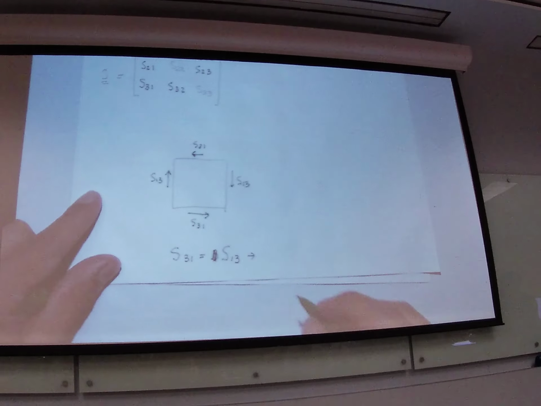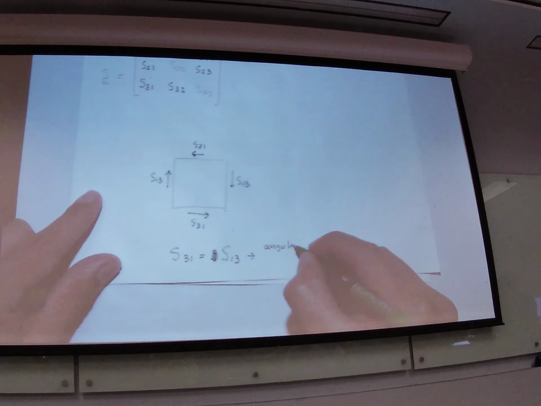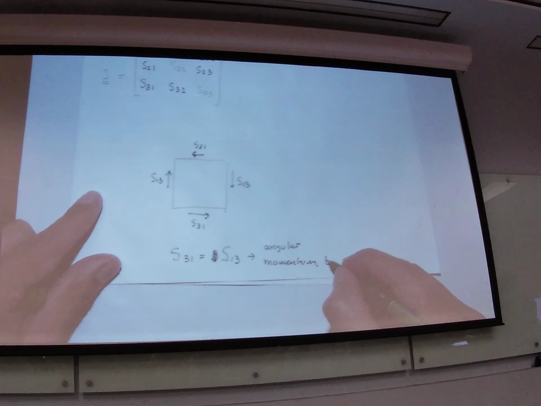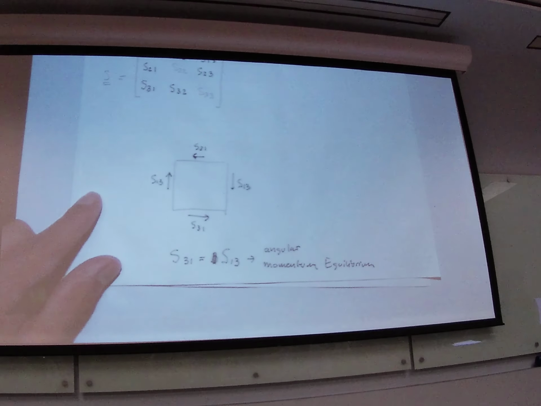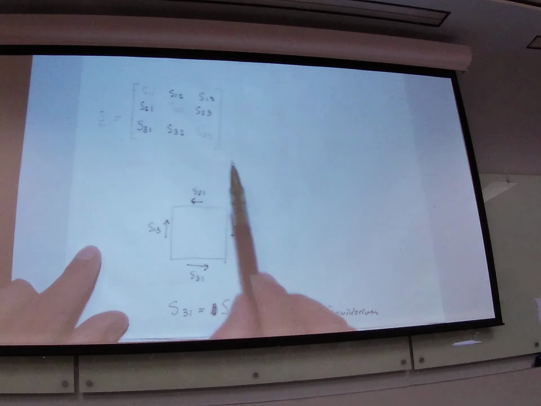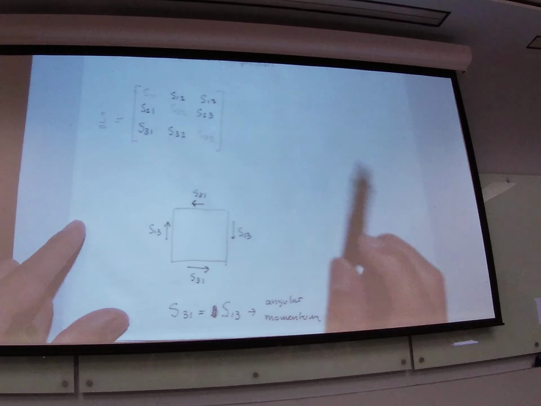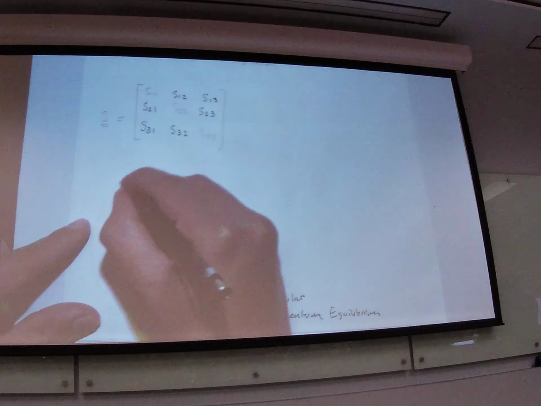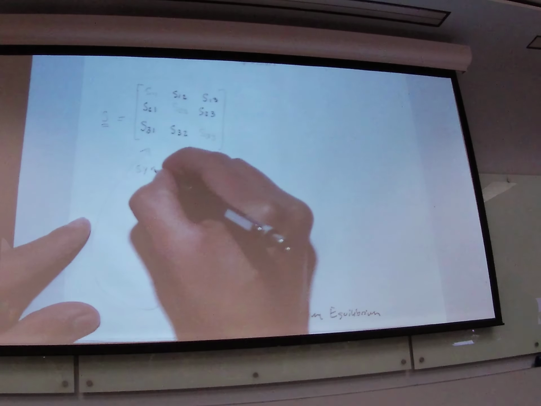And this is because of angular momentum equilibrium. What that also means is that when you go to the matrix, this is what is going to be called a symmetric matrix.